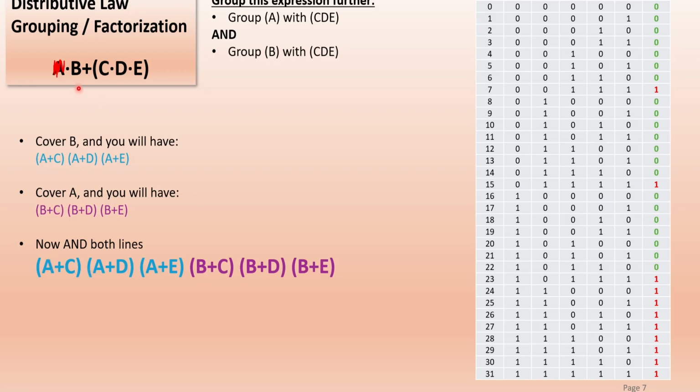So that expression, grouping it this way, is going to look like this here. A or C, and A or D, and A or E, and B or C, and B or D, and so on. It's a long expression, but that can be grouped into this here.